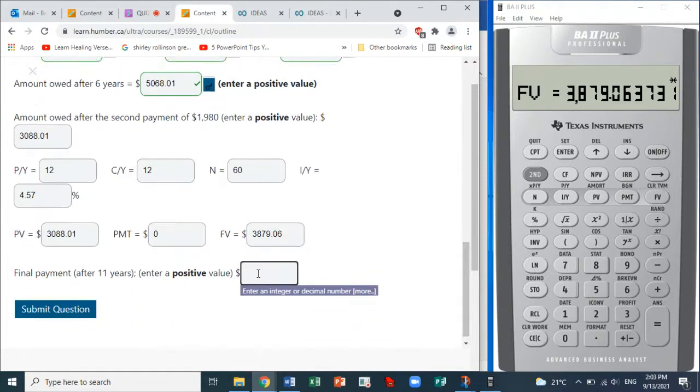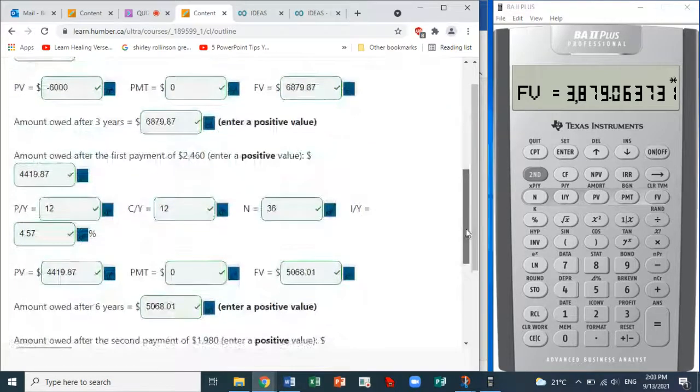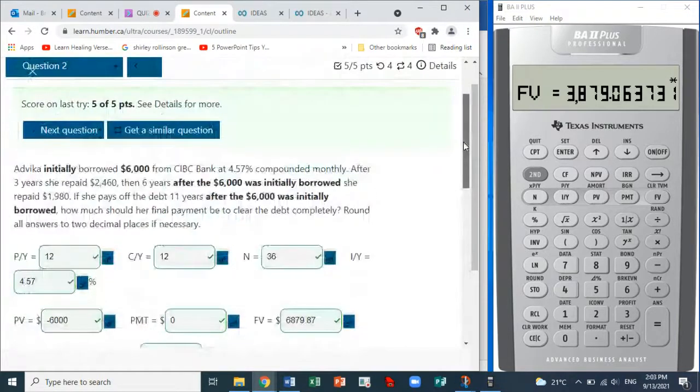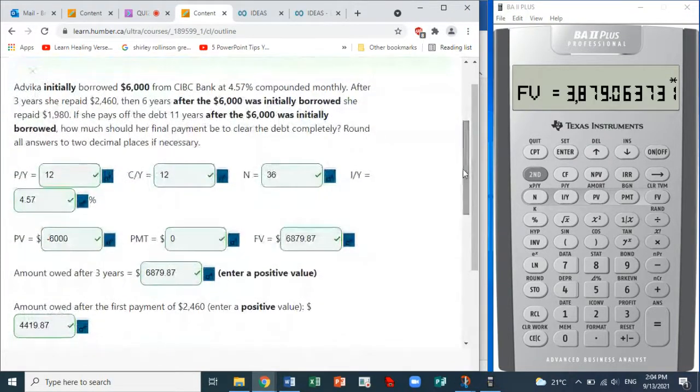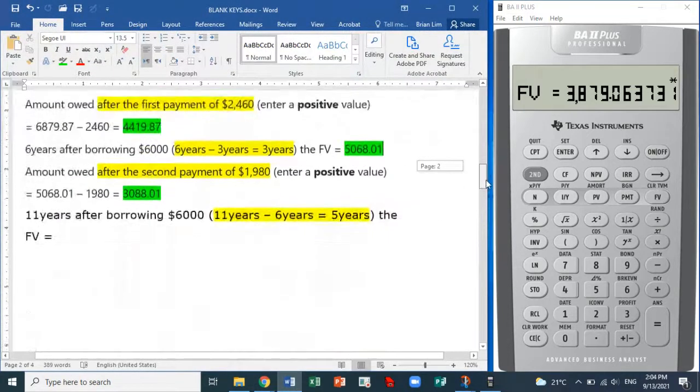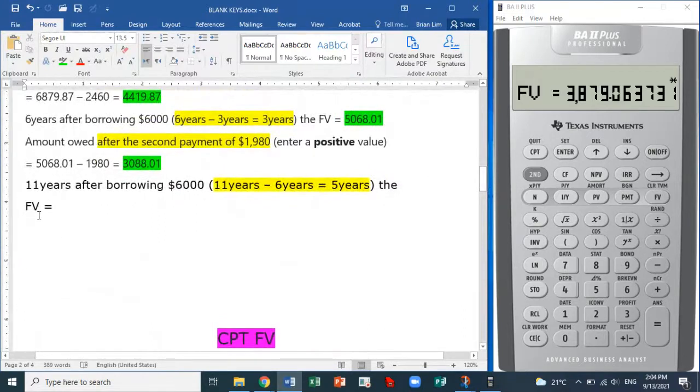And the final payment, that should also be the final payment, correct? Yes. So let's check if all of that is correct, and it is correct. All right, so we started there, and then we finally came to the final payment. So the future value is indeed 3879.06.